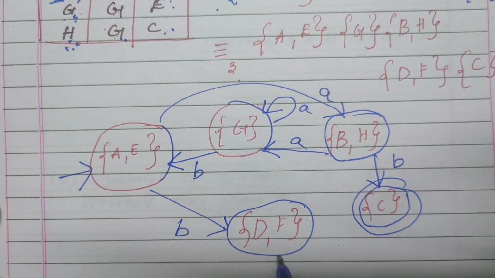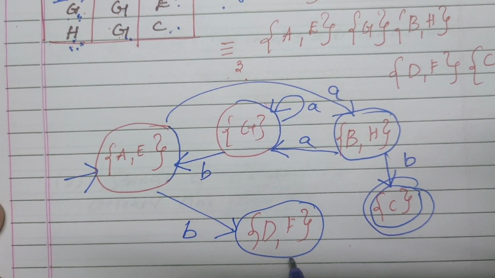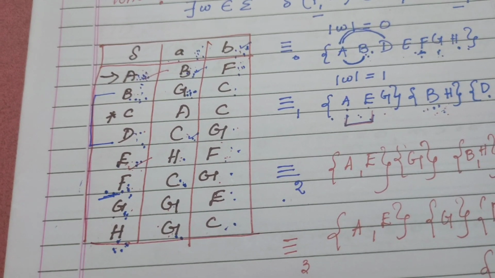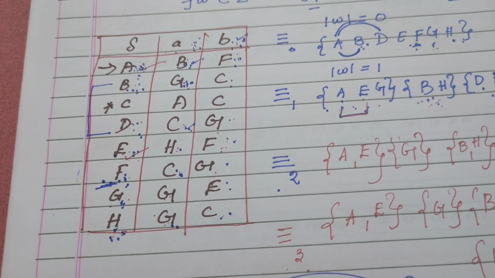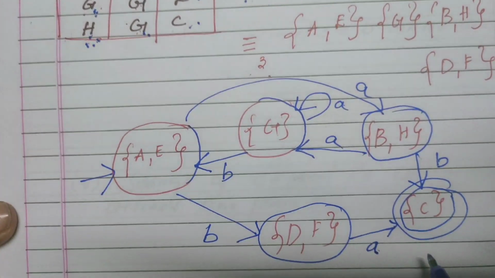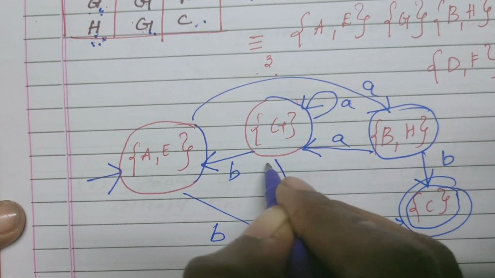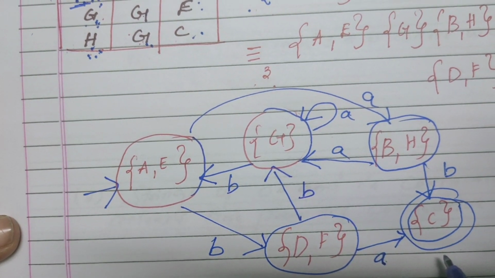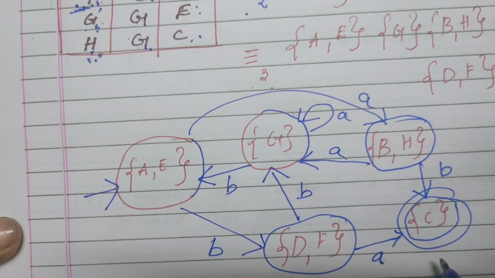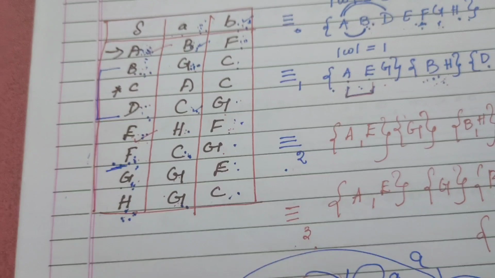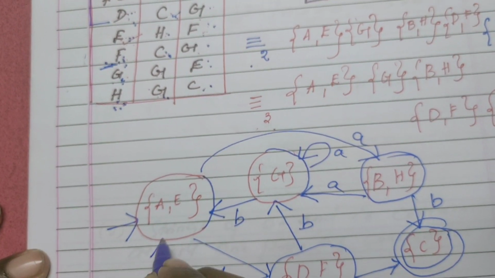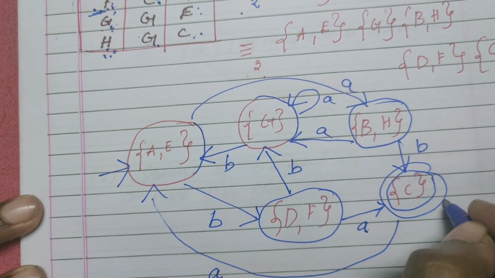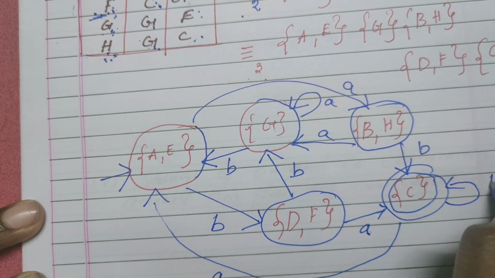Now come to the state DF. D and F on reading A, it goes to the state C. That is what the transition table says. And D and F on reading B, it goes to the state G. From C on reading A, it goes to the state A. From C on reading B, it goes to C itself.